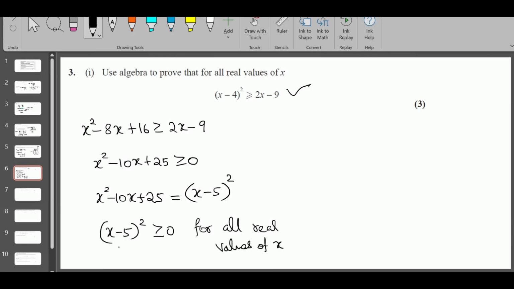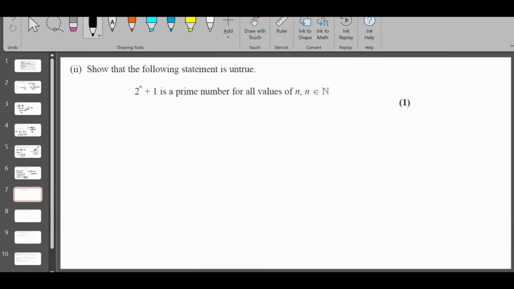So if this is greater than or equal to 0, that means this is true. So you can write, therefore, x minus 4 whole squared is greater than or equal to 2x minus 9, hence proved. That's all. 3-mark question.